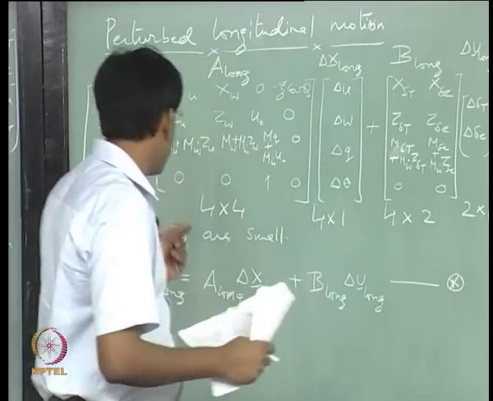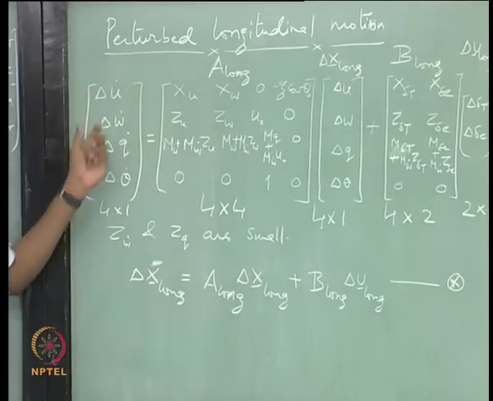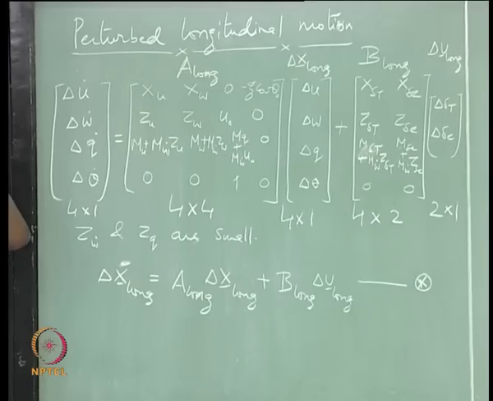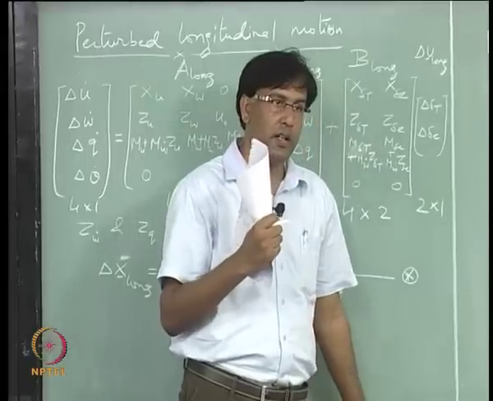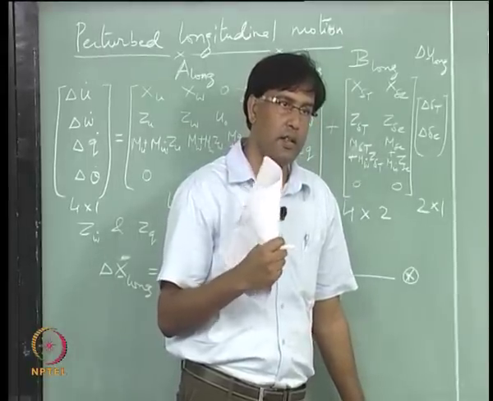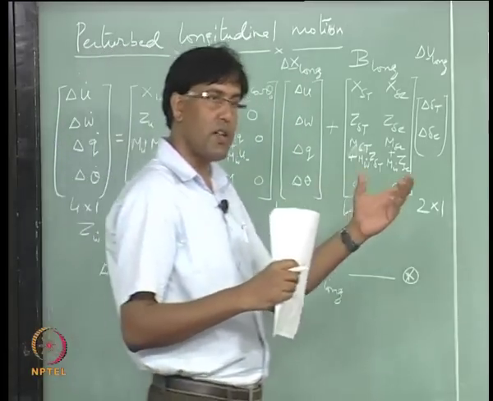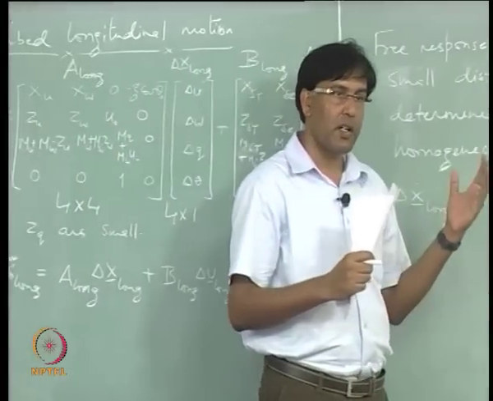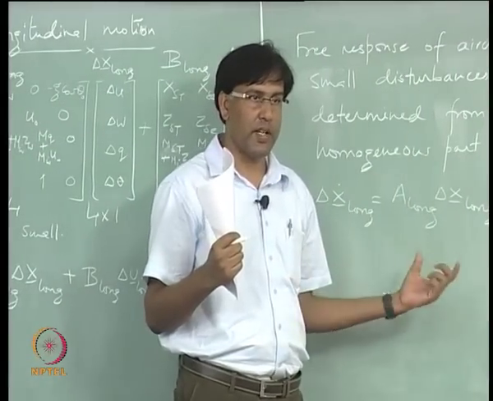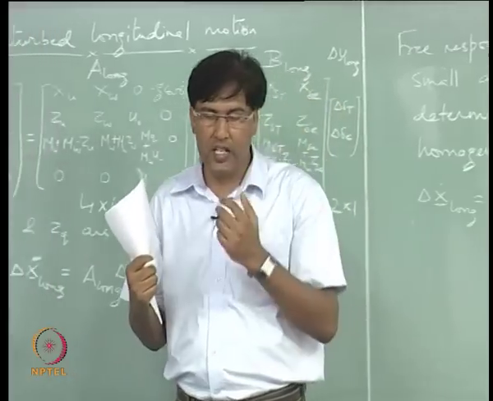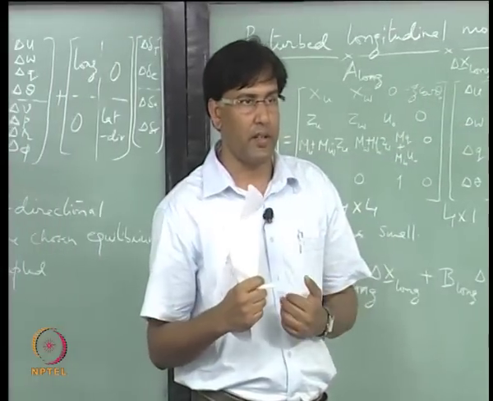So, there is a change in variables, but the control surfaces are all trimmed at the equilibrium flying condition, right. I am not looking at the response of the aircraft to control inputs here. Here we just want to look at the free response, and that is what defines the stability.